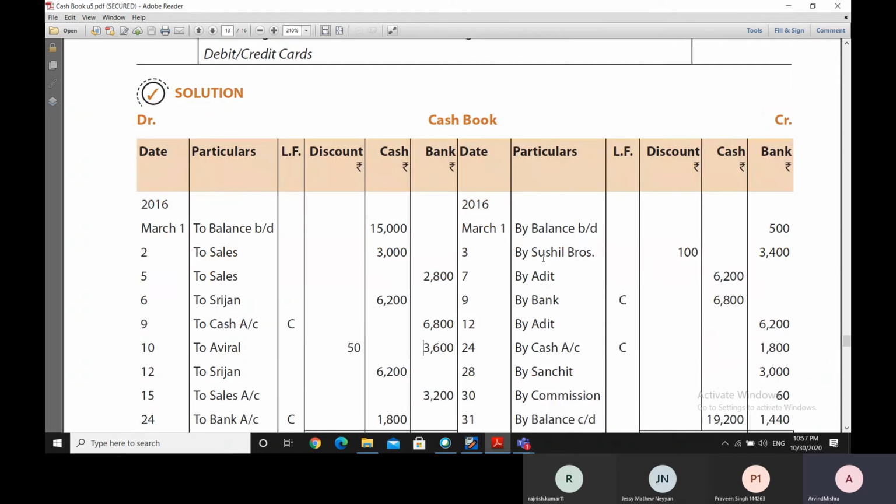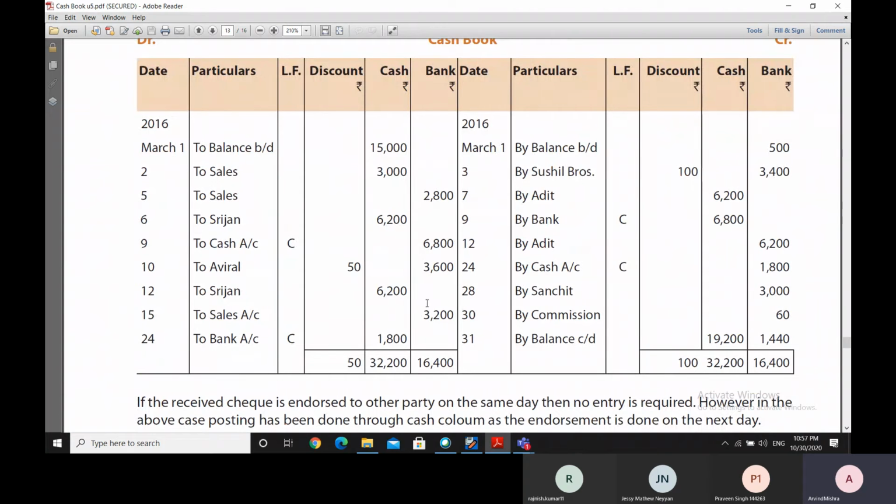So 6,200 rupees, as you can see, is written in the bank column. So we are paying this 6,200 rupees through our check, and here 6,200 rupees is entered in the cash column because the check which was endorsed is now dishonored.